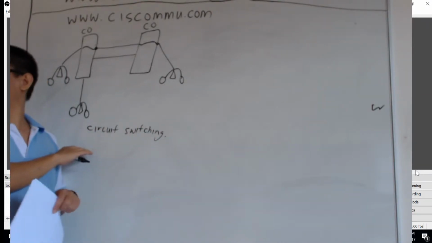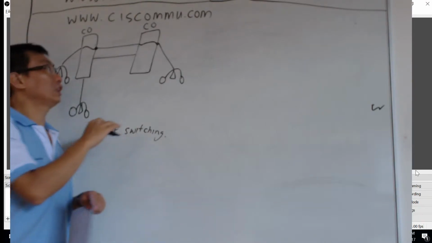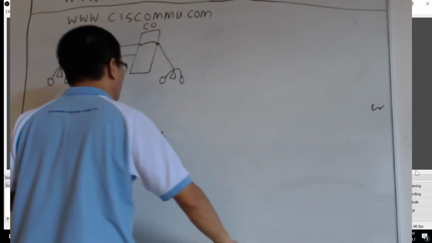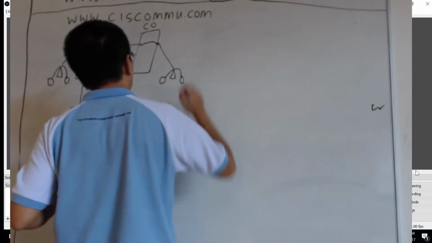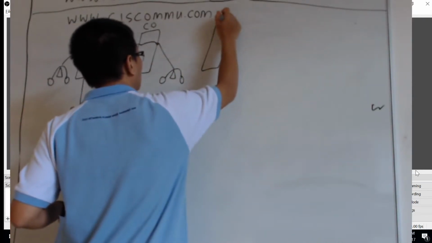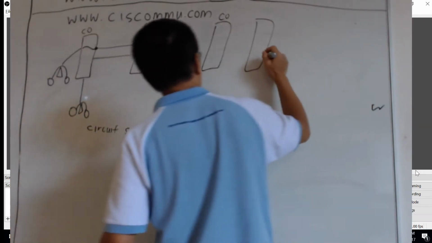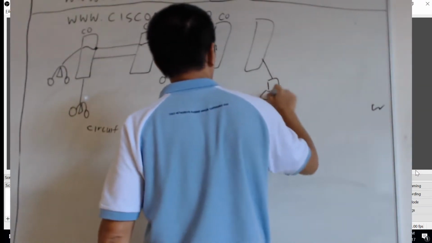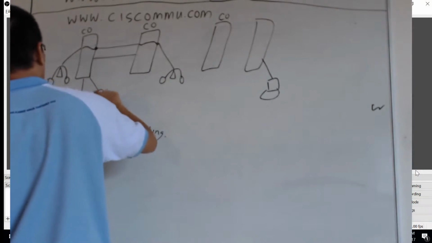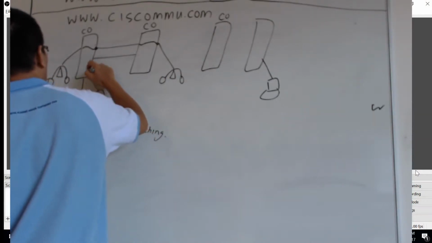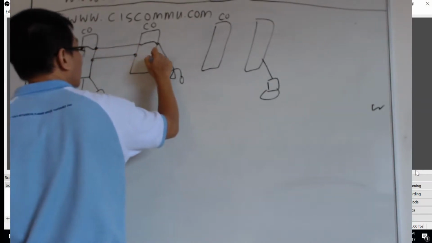Suppose you want to send data in circuit switching. You might go through a few of these COs, a few of these exchanges. You have a computer here, and a computer here, and basically you are connected like this.